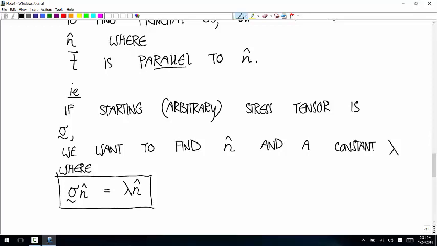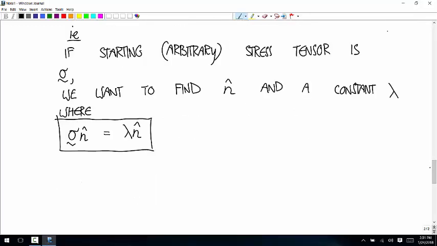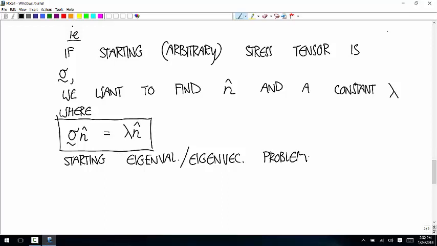All right, so this is what we want to solve. We can think of this as the starting eigenvalue eigenvector problem, where lambda is called the eigenvalue.